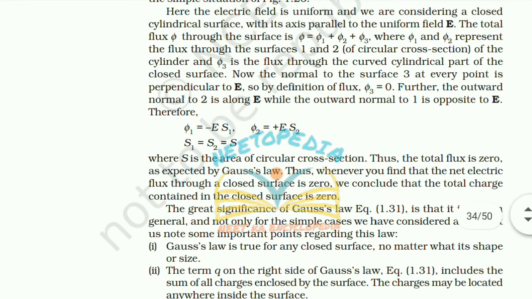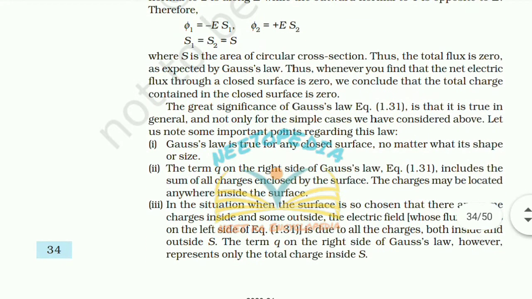Now, the normal to surface 3 at every point is perpendicular to E. So by definition of flux, φ3 is equal to 0. Further, the outward normal to 2 is along E, while the outward normal to 1 is opposite to E. Therefore, φ1 is equal to −ES1 and φ2 is equal to +ES2, where S1 = S2 = S, where S is the area of the circular cross section. Thus, the total flux is 0, as expected by Gauss law.